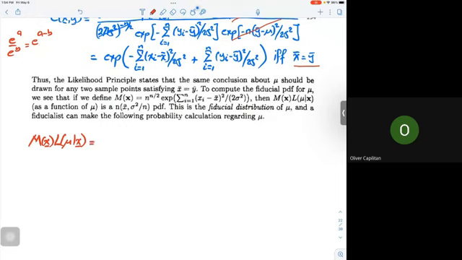So our m of x is given by n to the n over 2, the exponential of the summation i from 1 up to n of x sub i minus x bar quantity square over 2 sigma square. Okay? This is it.